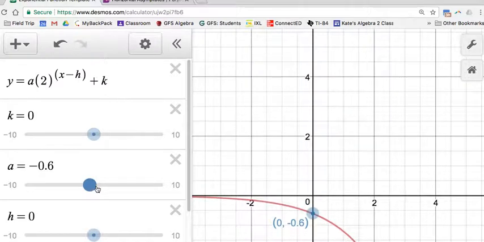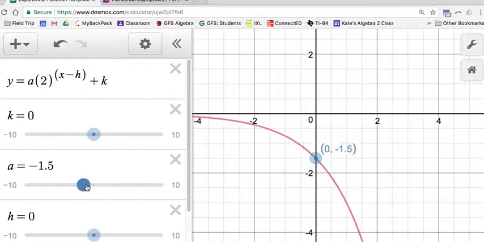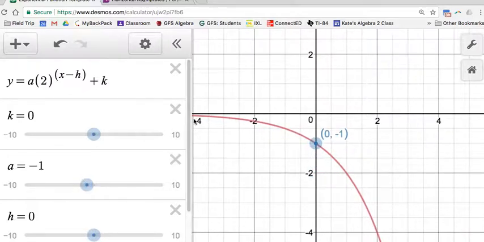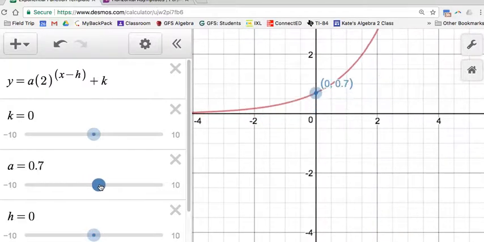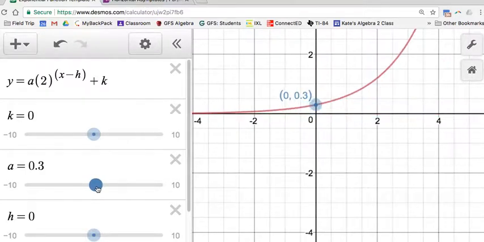Notice that in those instances, the entire graph inverts, and so now we're going exponentially negative. So we're going away into the negative realm at an exponential rate.